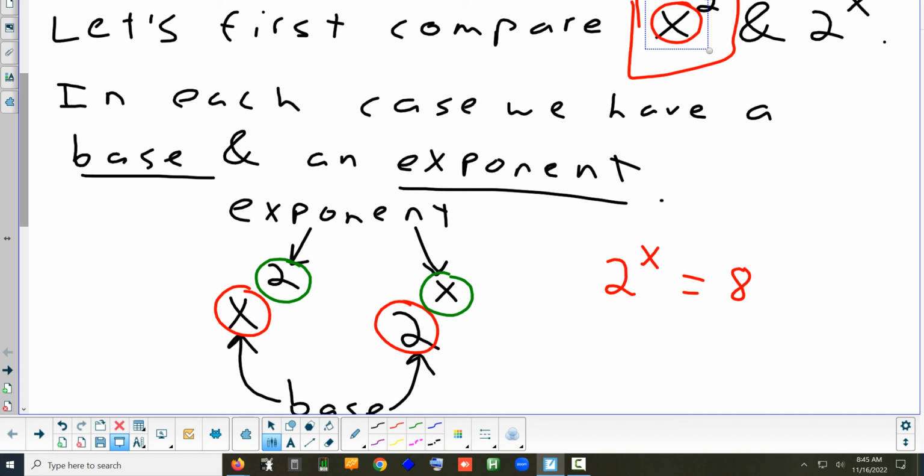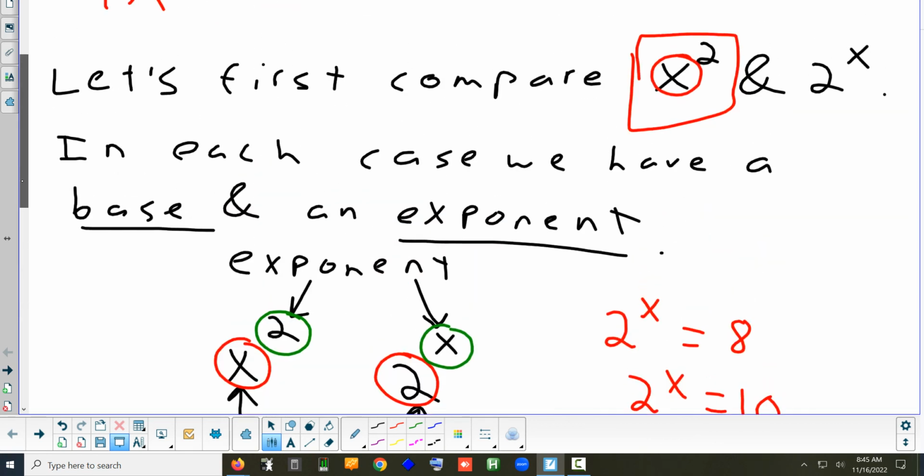The reason that one was pretty simple is because 8 is a power of 2. But if I said 2 to what power gives you 10, well, it's not 3, because 2 to the 3rd power is 8. And it's not 4, because 2 to the 4th power is 16. So now we get a little problem. It's a decimal. That's a little harder to figure out, but we'll talk about that.